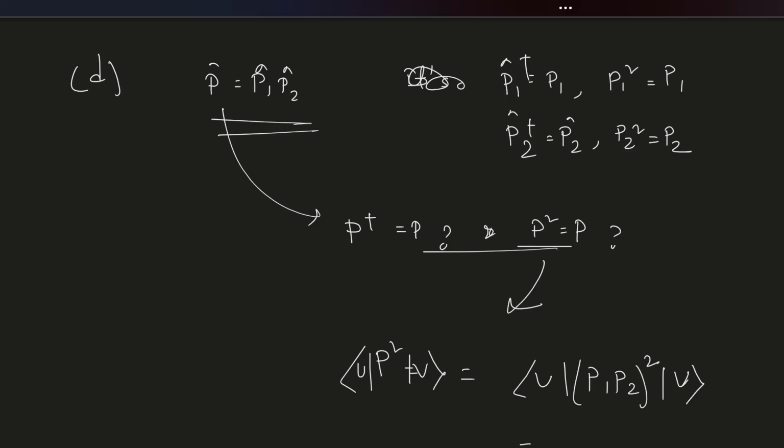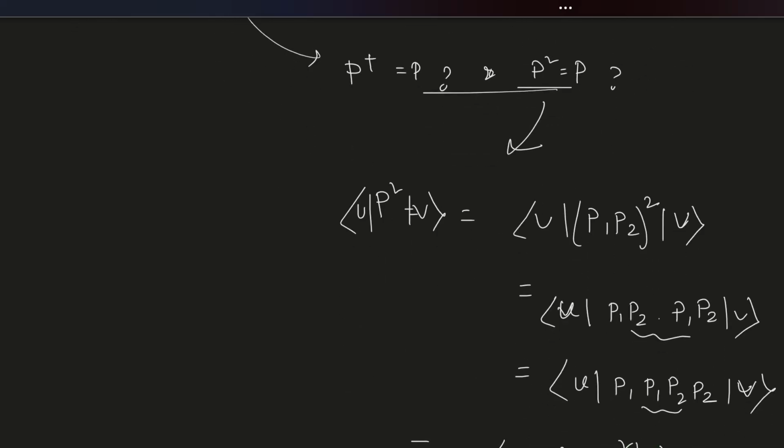So you can combine P2 P1 as P1 P2, and you can simplify the rest very simply because now two P1s are together. So this is P1 squared, two P2s are together, so P2 squared V. And you know that P1 squared equals P1 and P2 squared equals P2 because they are independently projection operators.